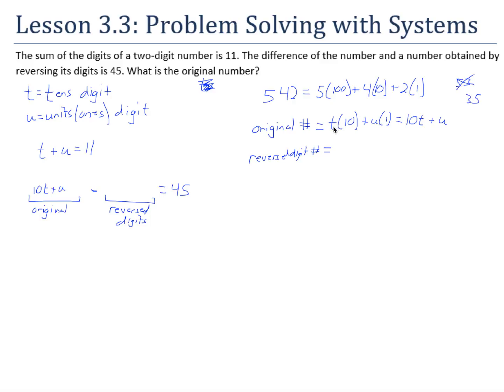So when we reverse these, we actually have u times 10 plus t times 1, which ends up just over here being 10u plus t. We switched our units and tens. So this will go here. Now I should put this in parentheses because we're subtracting because it was a difference, so difference means subtraction.